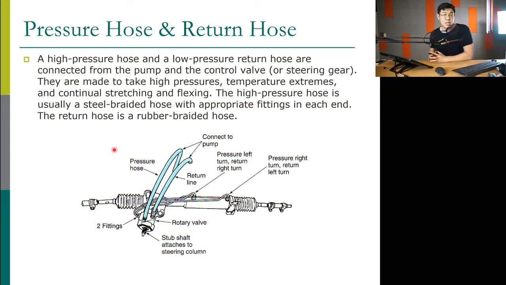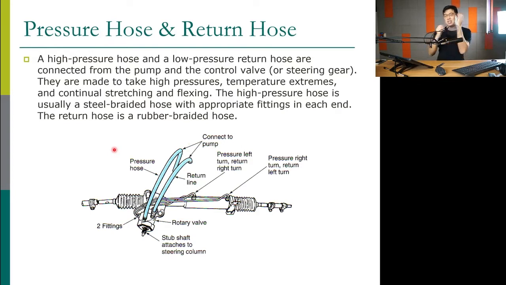The return hose contains less pressure, so it's not really critical for the return hose, but for the pressure hose it is. At the end of the pressure hose, normally we use some kind of fitting, crimped onto the hose like that. It's a fitting that fits on the hose.